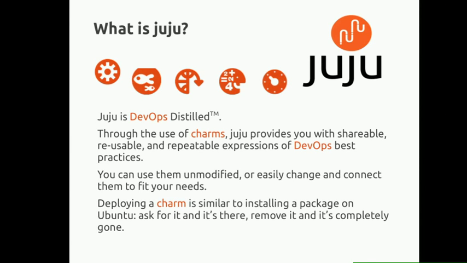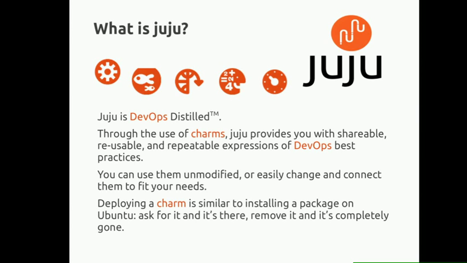We like to tagline Juju as being DevOps distilled. You must have heard about the DevOps movement, this idea that developers and operators should be working very closely together, should be forming one team, so that their common knowledge goes together.